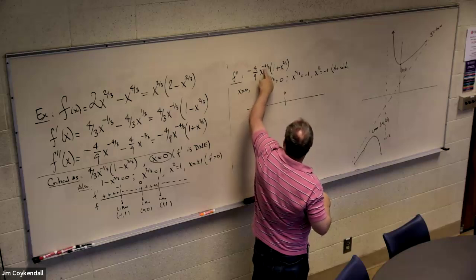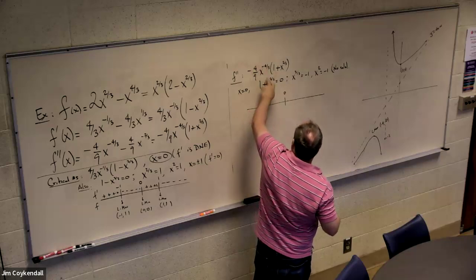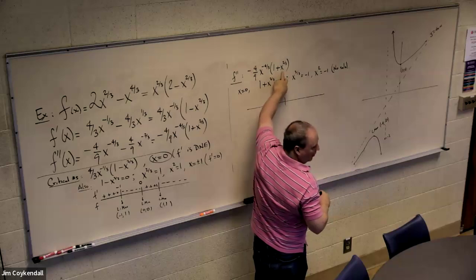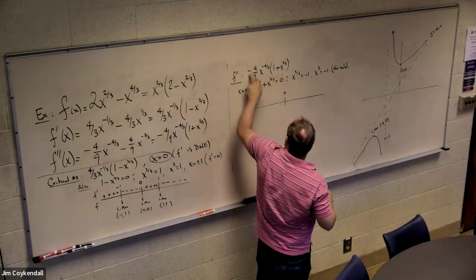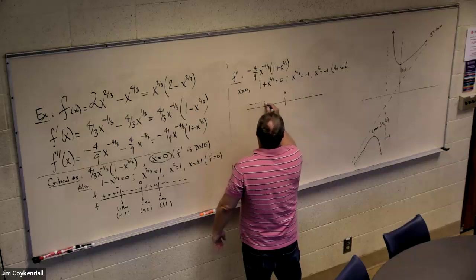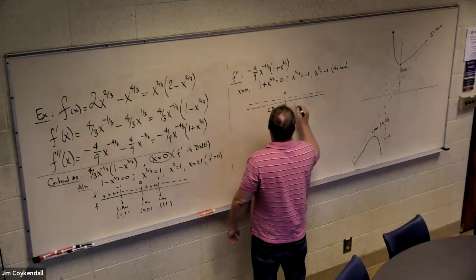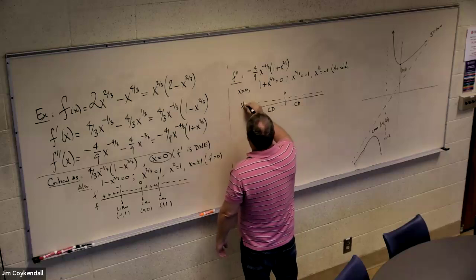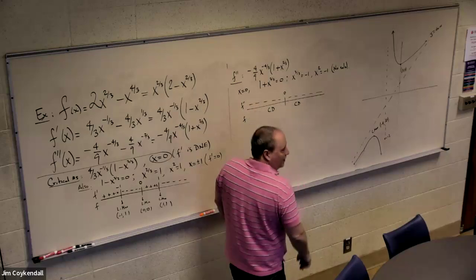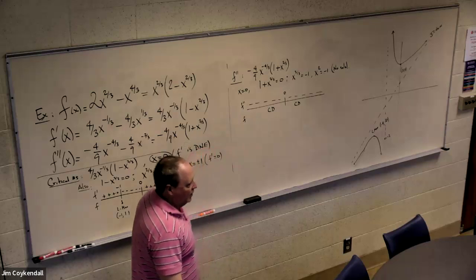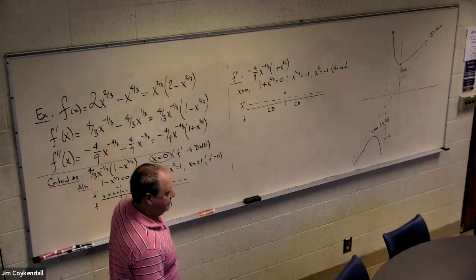Because you're taking the fourth power of some cube root. And this is always positive. And you've got a negative sign, so this is always negative. So this function is always sad.